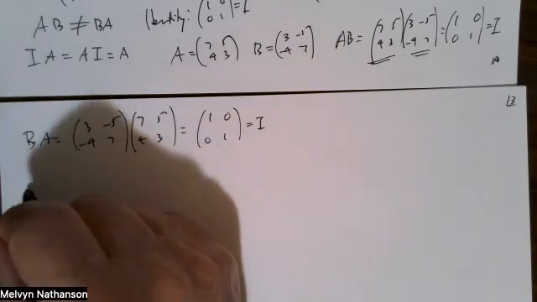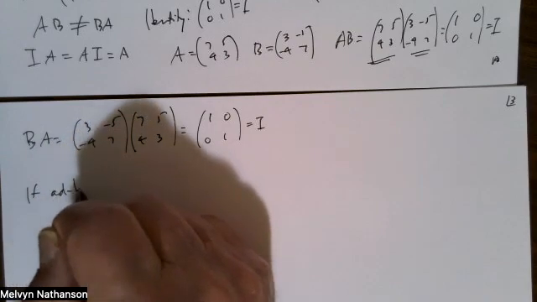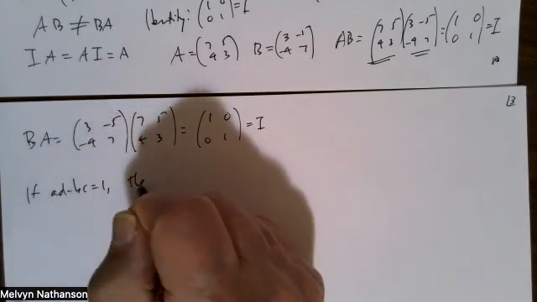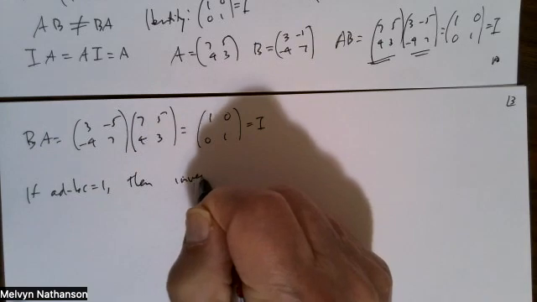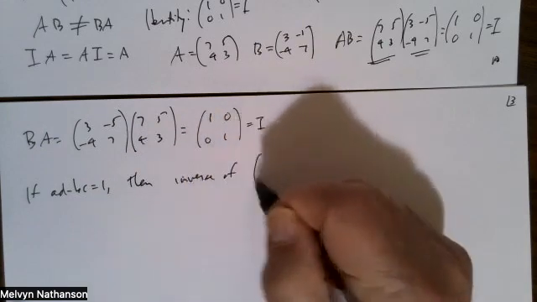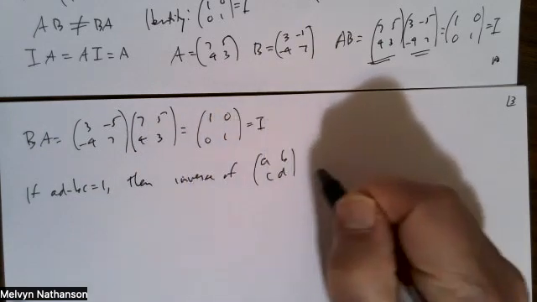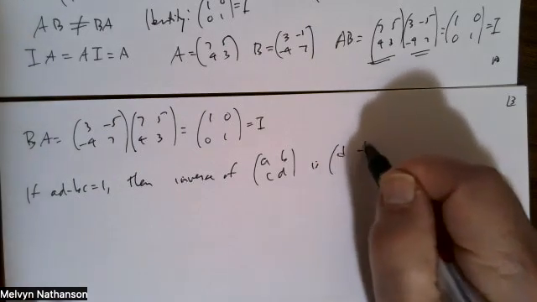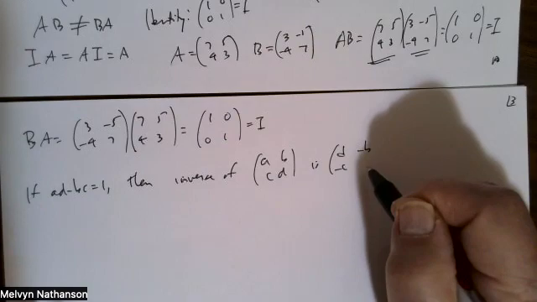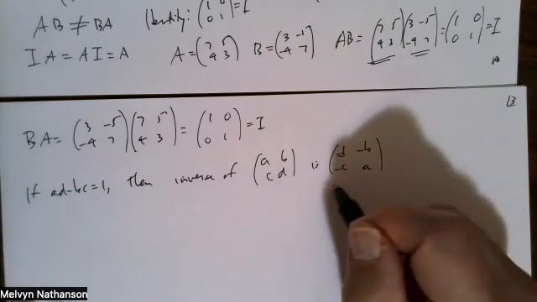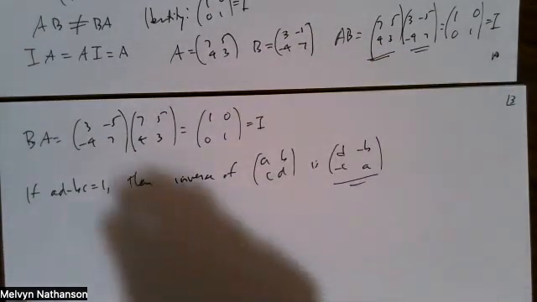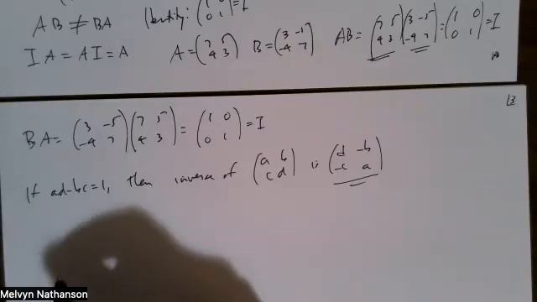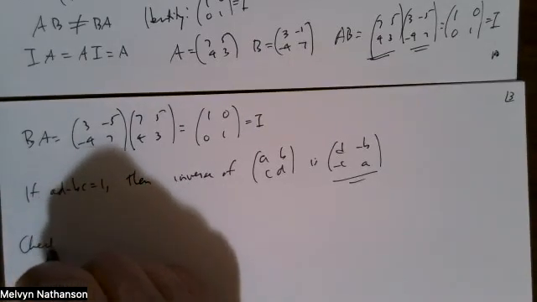And in general, if AD minus BC equals 1, then the inverse of the matrix A, B, C, D is the matrix D, minus B, minus C, A. And just because this is really a very powerful statement, let me check.